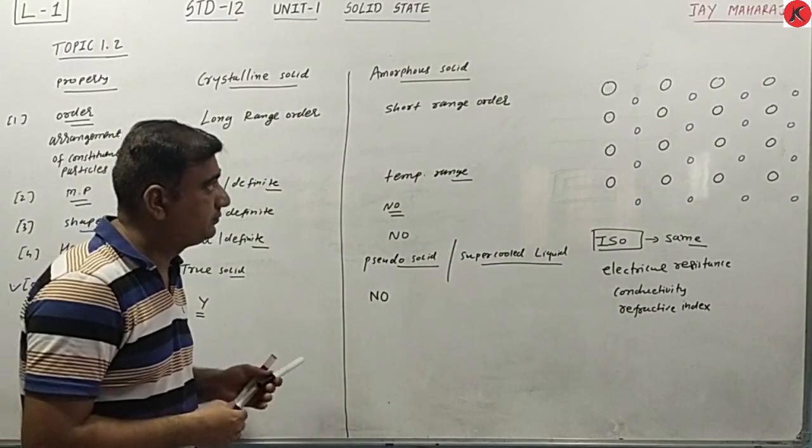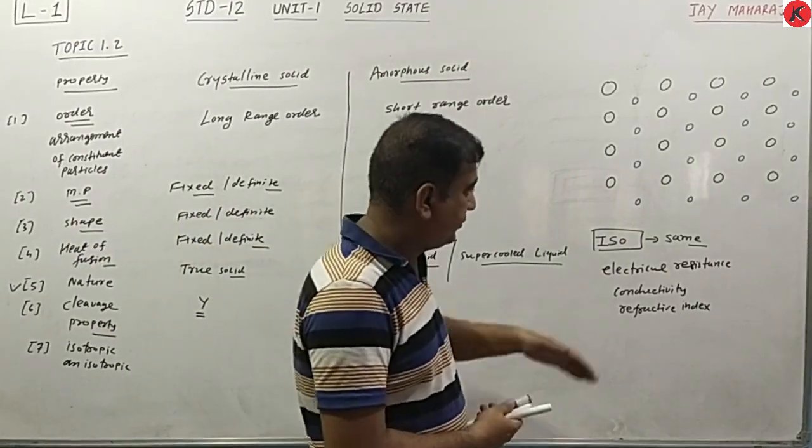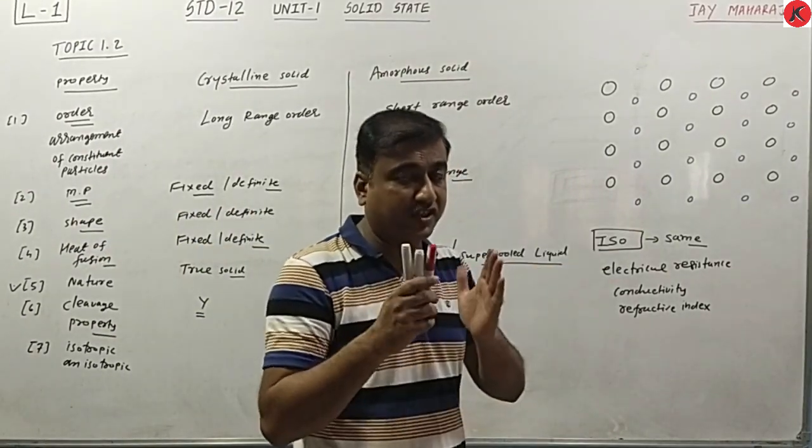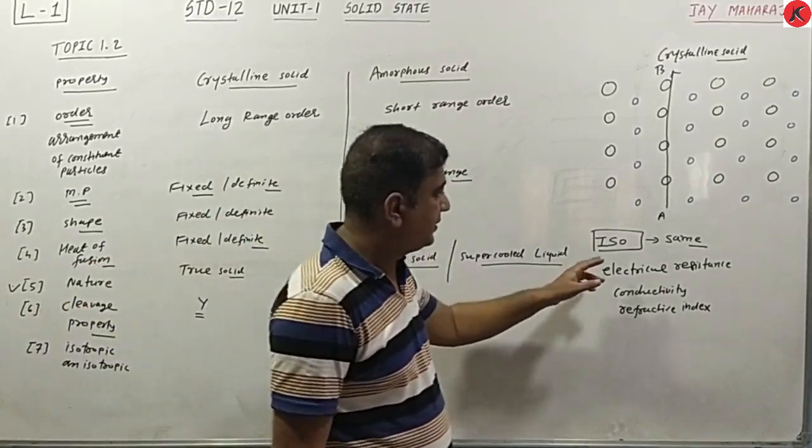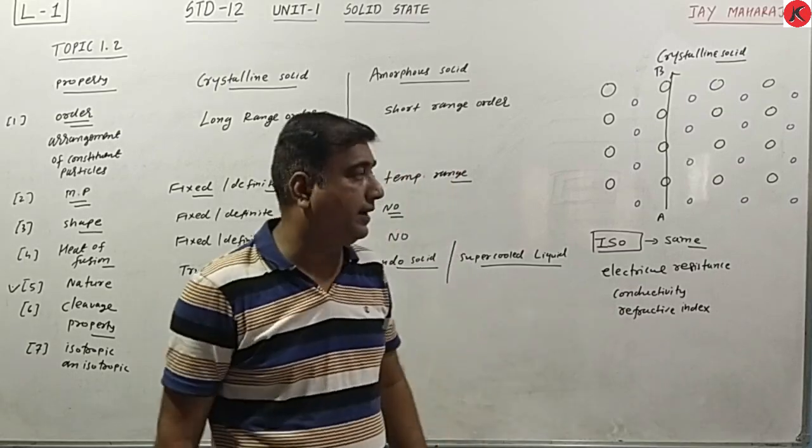Then what happens? Suppose this type of physical property is the same in all directions. Isotropic nature means properties are the same in all directions.